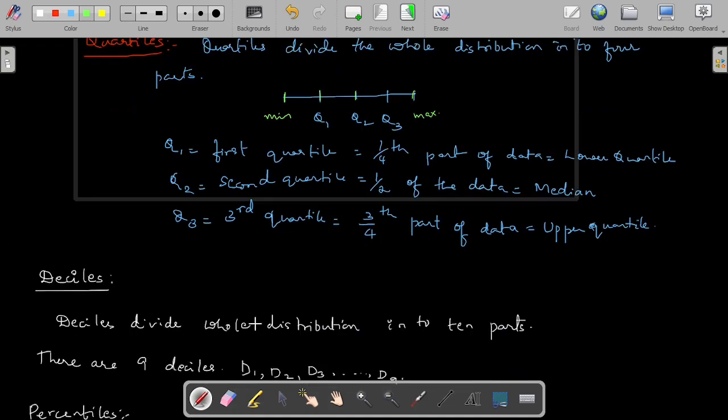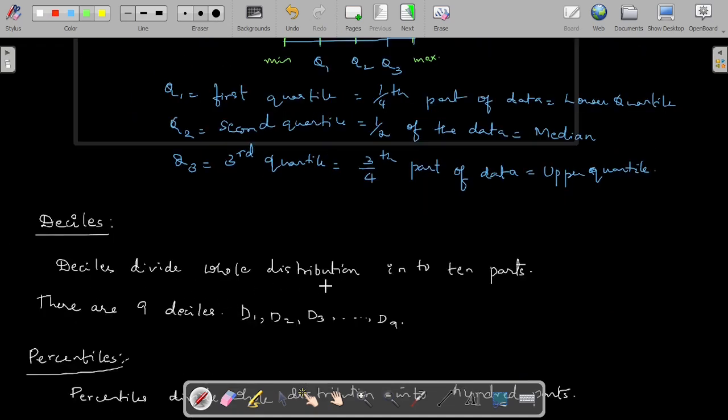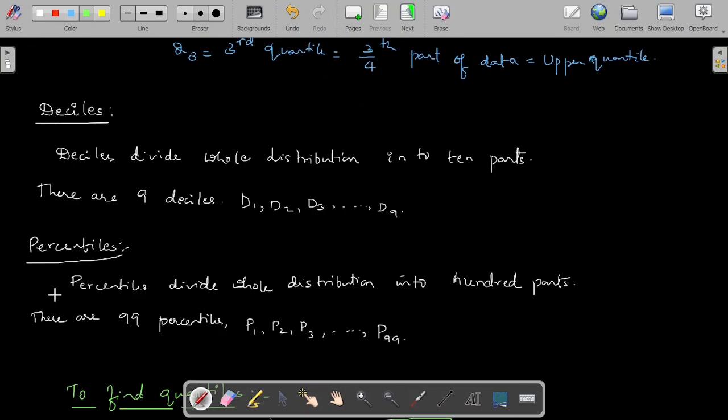Now deciles divide the whole distribution into 10 parts. So in total there are 9 deciles, named D1, D2, D3, and so on up to D9. Similarly, percentiles divide the whole distribution into 100 parts. So there are 99 percentiles, P1, P2, P3, and so on up to P99.